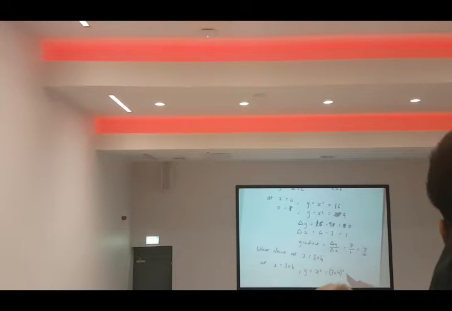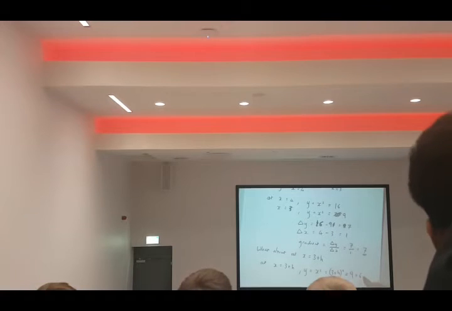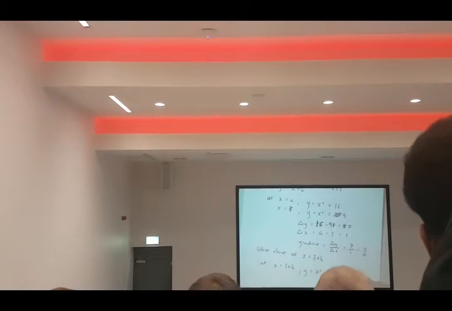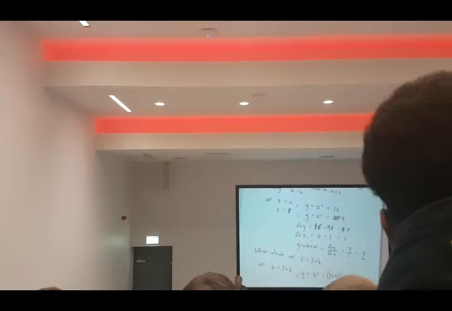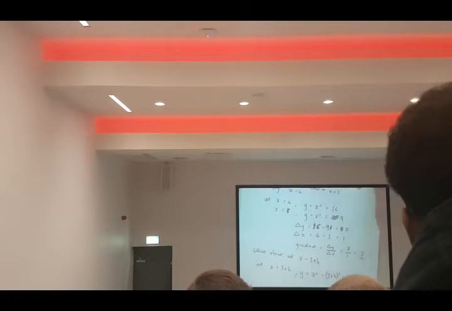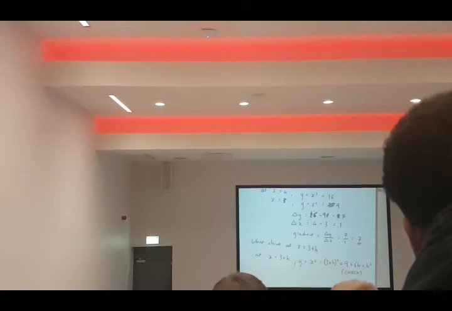Now we need to multiply out the brackets, and if we did that, we would get 9 plus 6h plus h squared. Check you're happy multiplying out 3 plus h times 3 plus h; that should give us 9 plus 6h plus h squared.